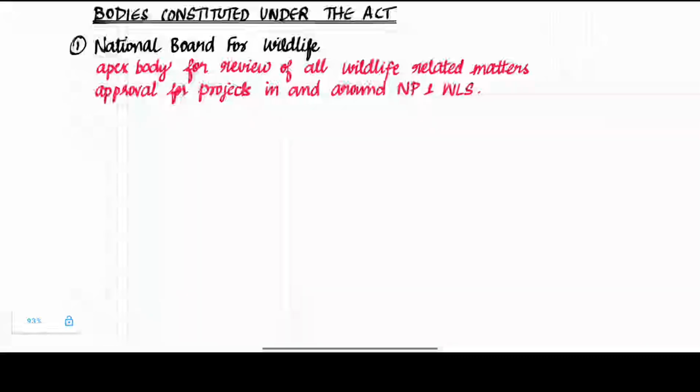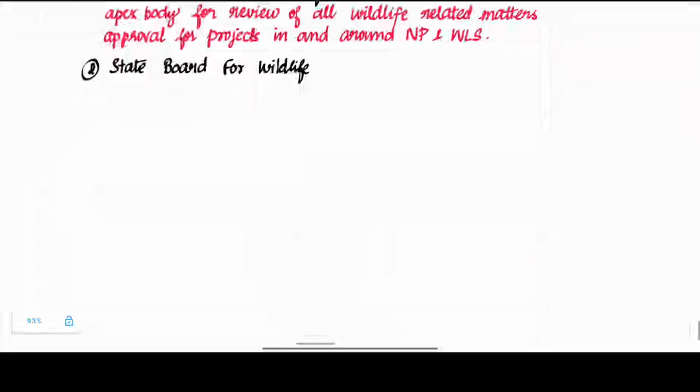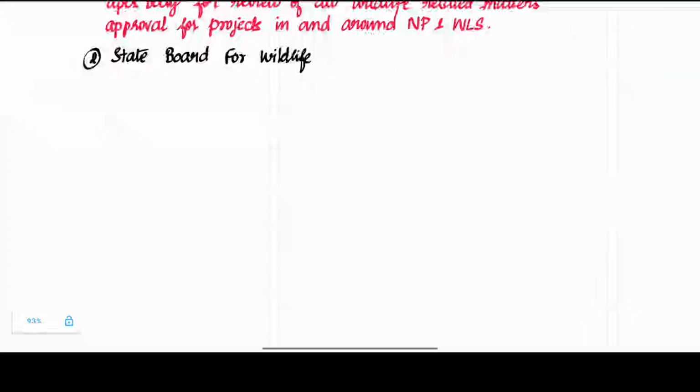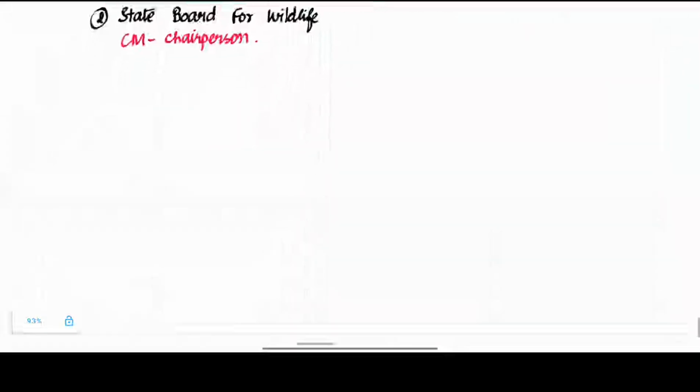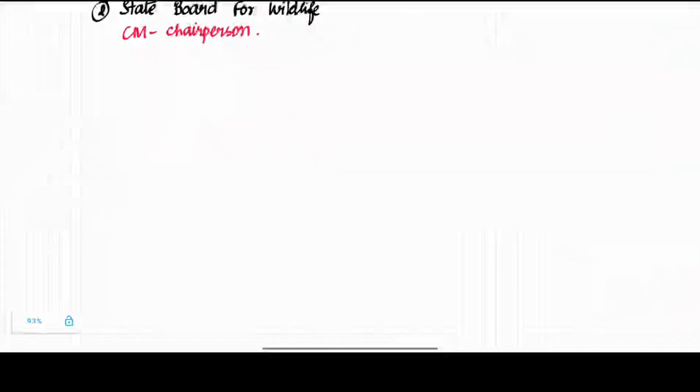The next thing we will be having is the state board, national board and then the state board, right? The state board for wildlife is constituted under this act, and the CM of the state is going to be the chairperson of the board. Then we have the Central Zoo Authority.